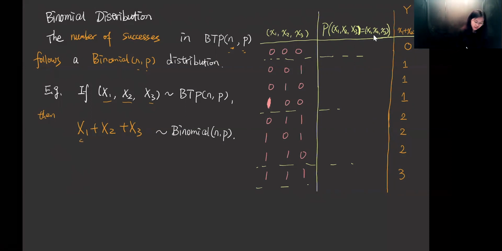Then the sum means the number of ones, which is the number of successes. So the sum of 3 independent Bernoulli p random variables is a binomial 3, p random variable. So in this case, n is 3.